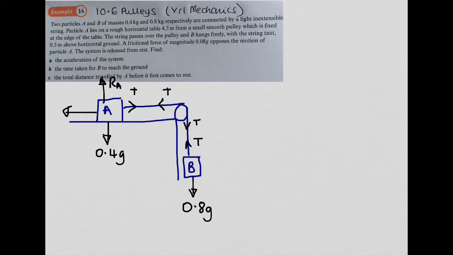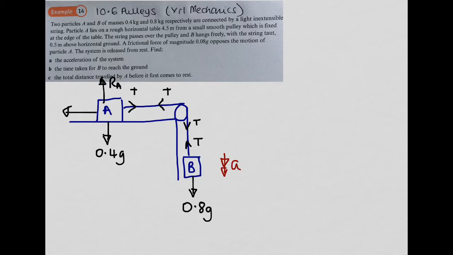I'm just going to go to the system is released from rest. Now, let's think about what would happen when this was released from rest. If you haven't watched the example 13 video, it may be worth going back to look at that. But again here, which is the particle with the most mass, is it A or is it B? It's B. So it's going to accelerate in that direction.